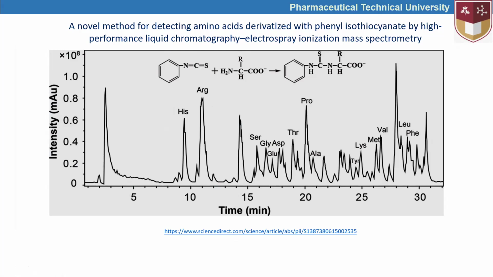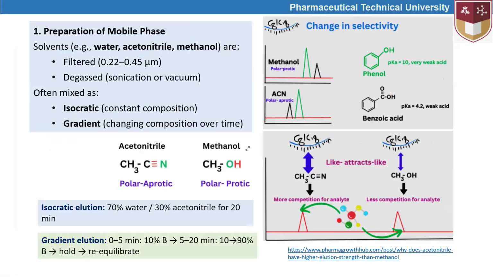The HPLC part is used to separate different amino acids, and mass spectrometry is used to identify the compounds based on the mass analysis of compounds by using the mass spectrometer tool. So in this article, the authors used the integrated tool HPLC plus mass spectrometry.